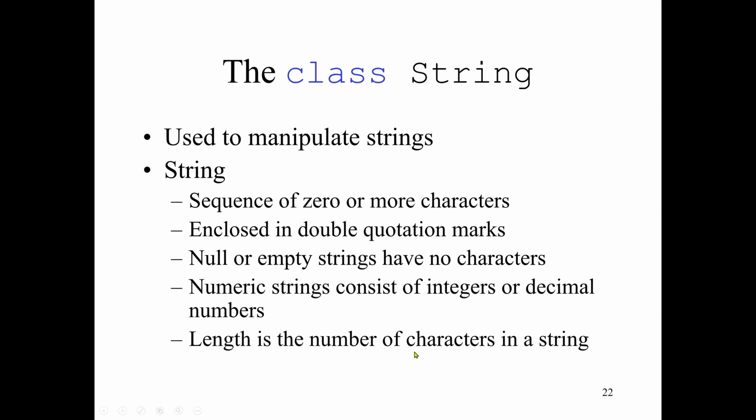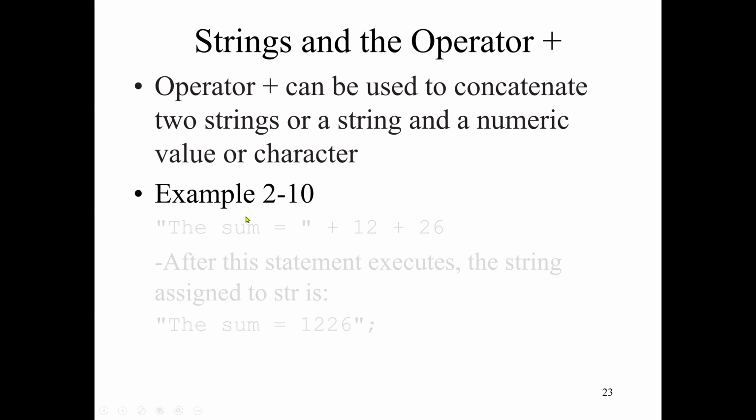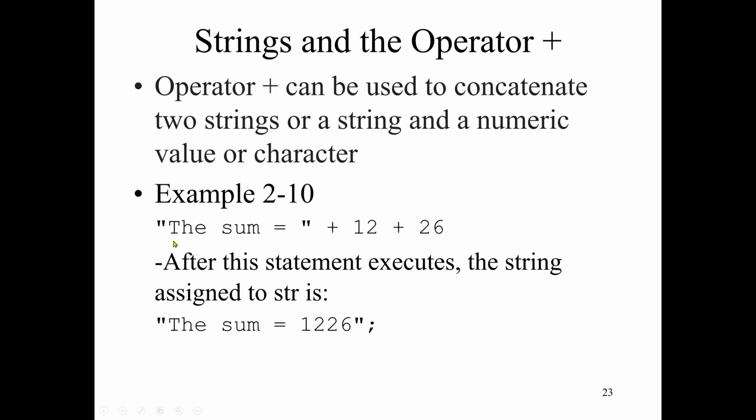So the length is, again, the number of characters in a string. And we saw the operator plus. So operator plus can be used to join two strings or a string and a numeric value or character. So we saw our previous example, but this is another example, the sum equal to plus. So here we can see the sum equal is in double quotation.